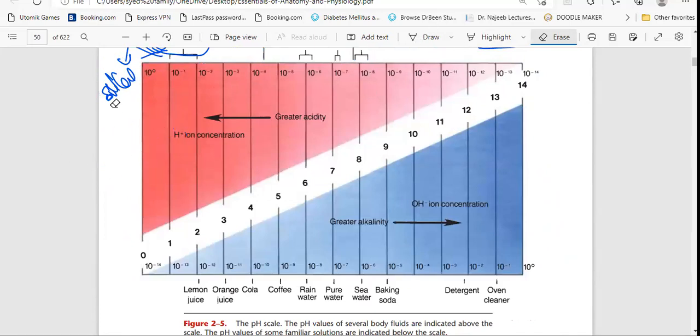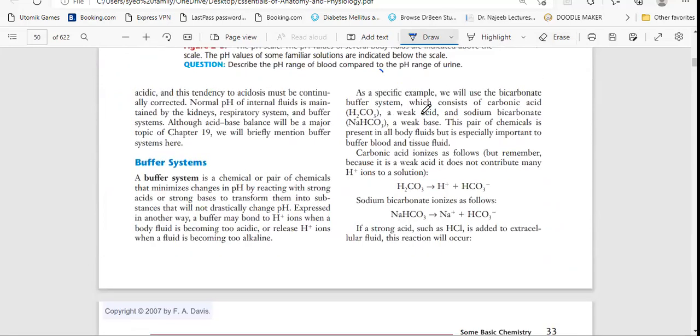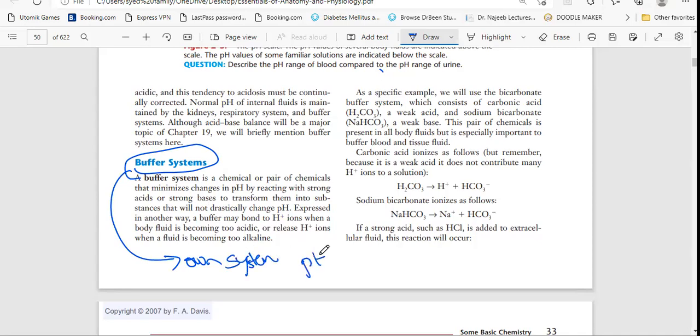How does our body start its own care, without the help of other substances? This condition is known as the buffer system. The body has its own system, and with the help of this, it will maintain its pH level.